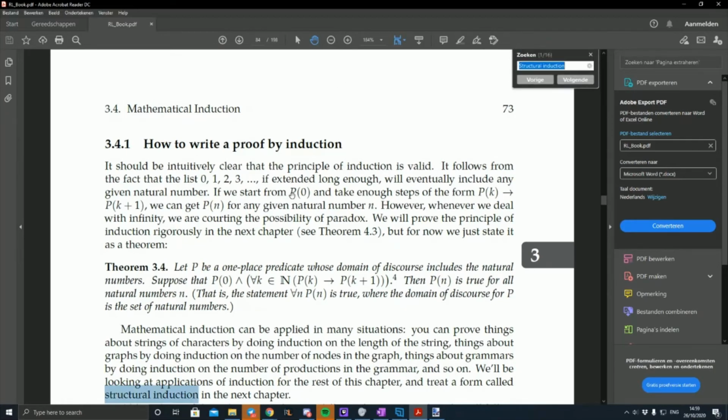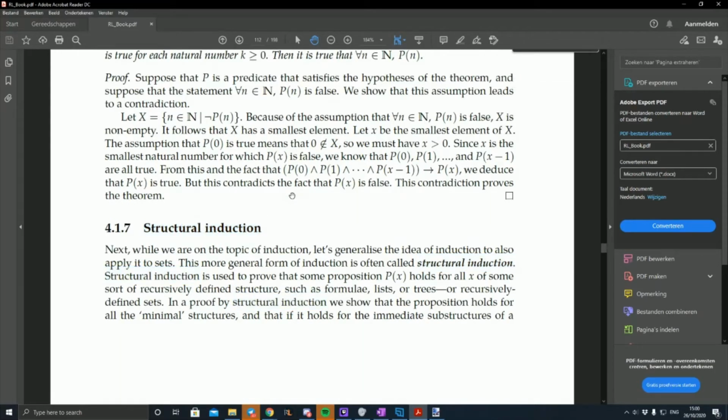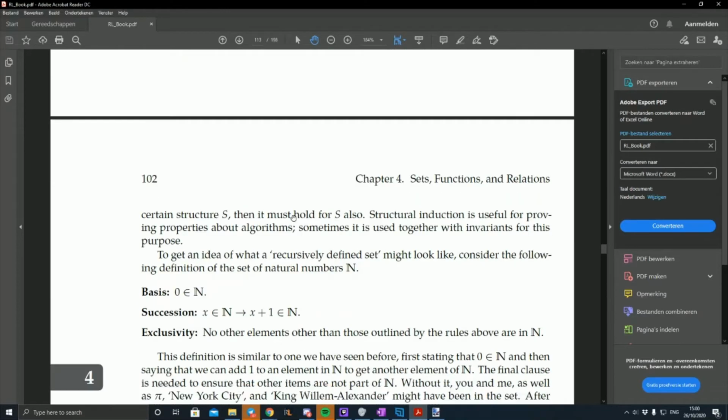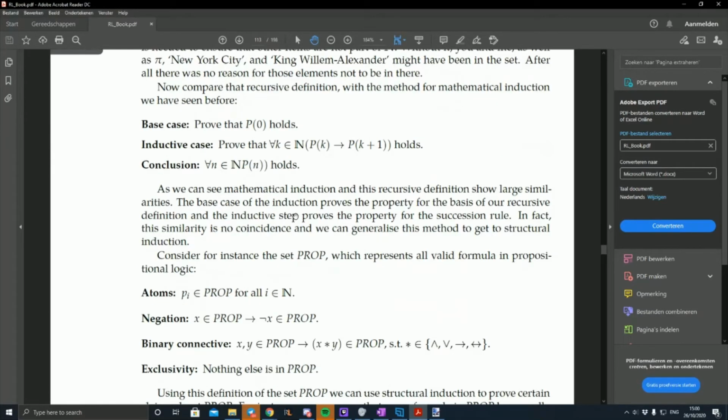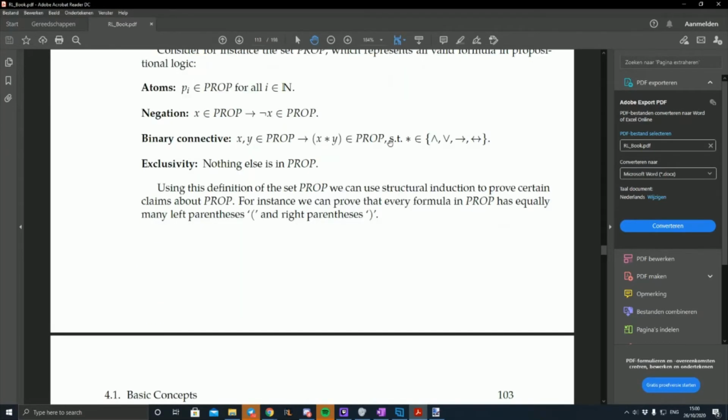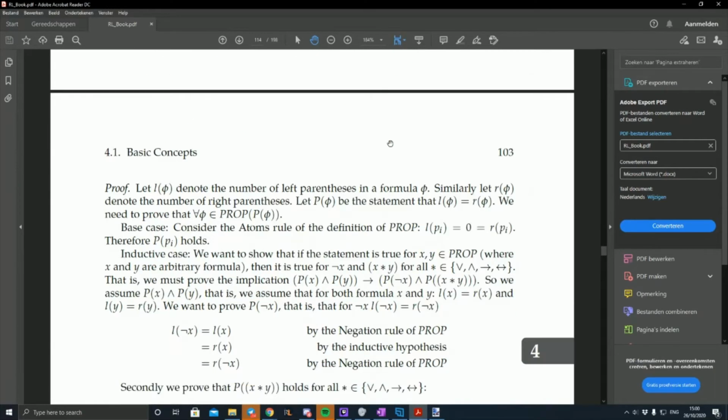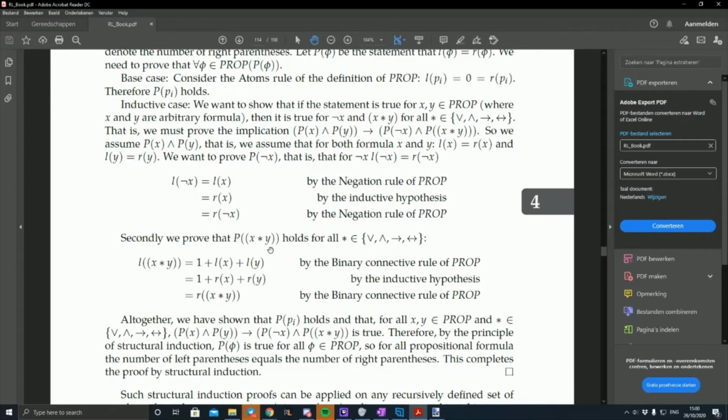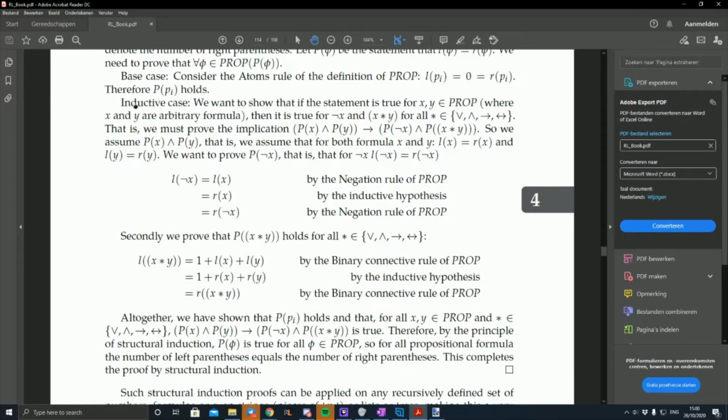Oh, structural induction. I think in the basis, the base step or base case, you should prove all the recursive definitions. So to 0, 0, you should add 2 and 3 and show that it's still divisible by 5. I think that's actually what they do here in the inductive case.